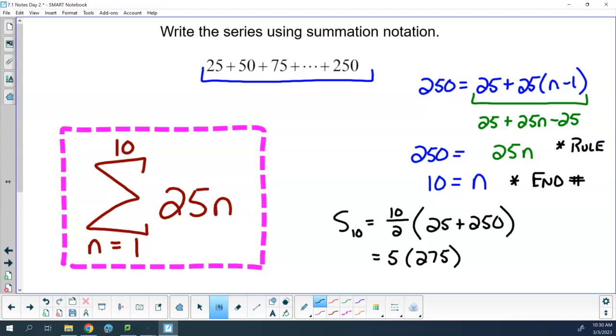So if we added up all of those terms, we would get 1,375. Okay?